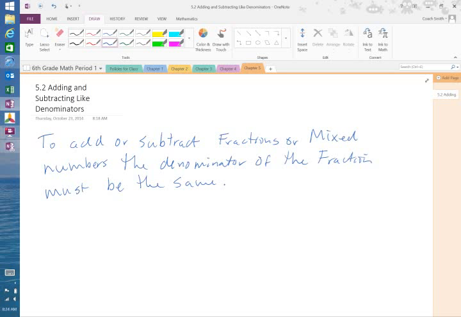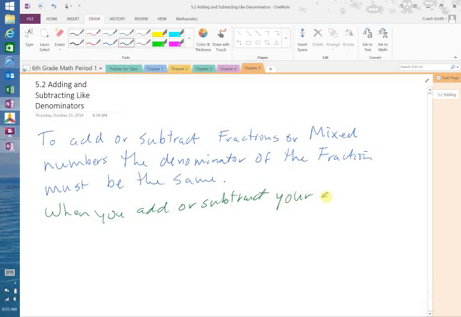Okay? Now, the second thing is when you add or subtract, your answer must be in simplest form.